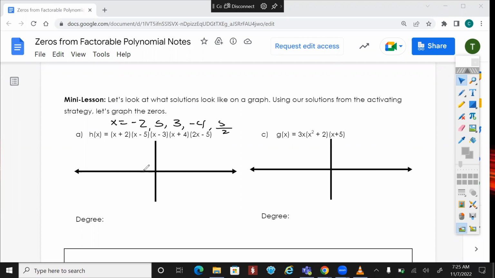So -2 is going to be about here. 5 is going to be about here. 3 is here. -4 is here. And 5 halves. What's 5 divided by 2 in decimal form? 2.5. So it's going to be somewhere in between here and there.